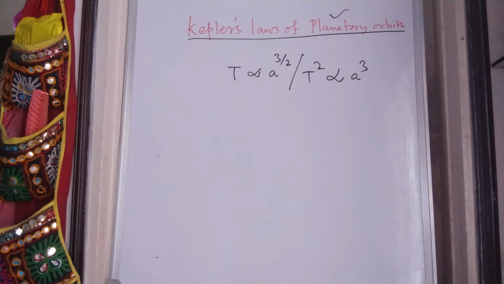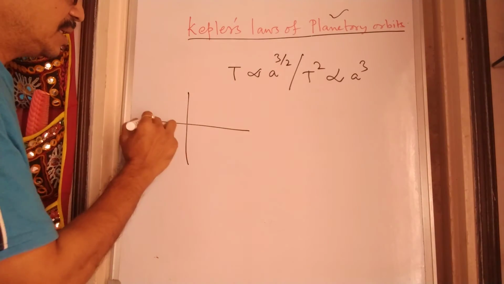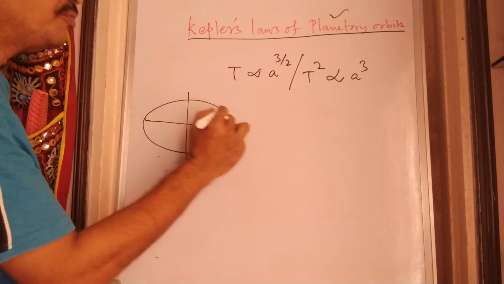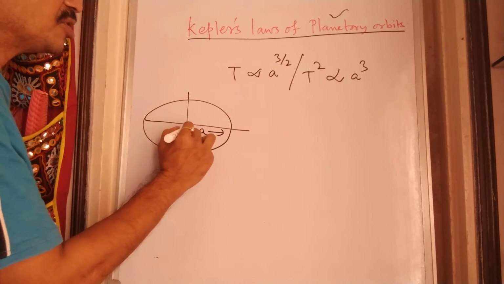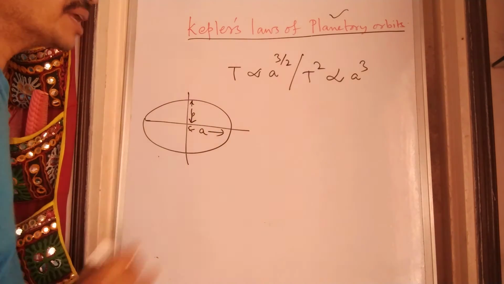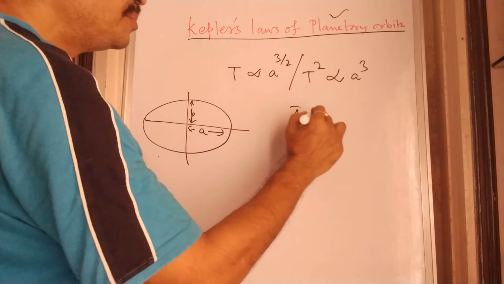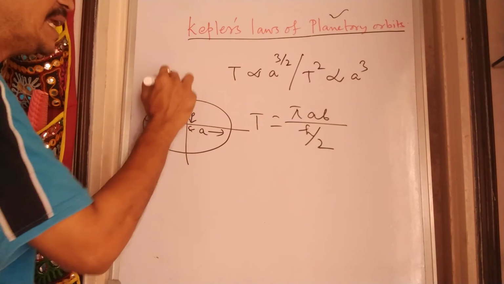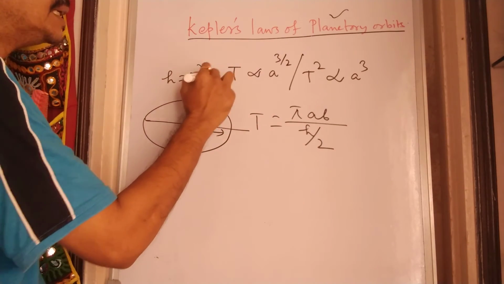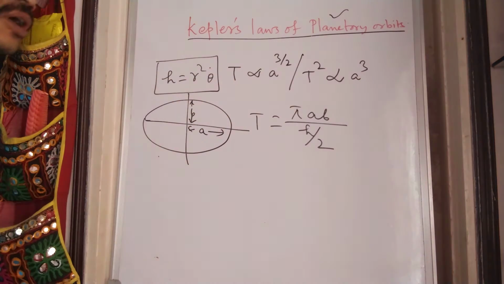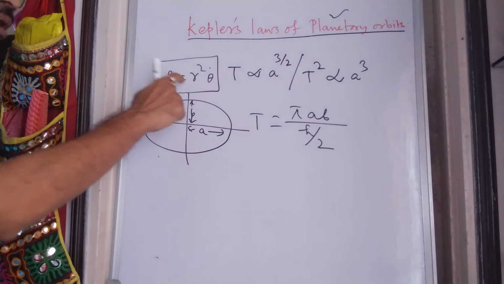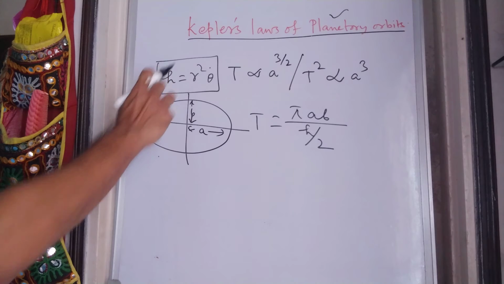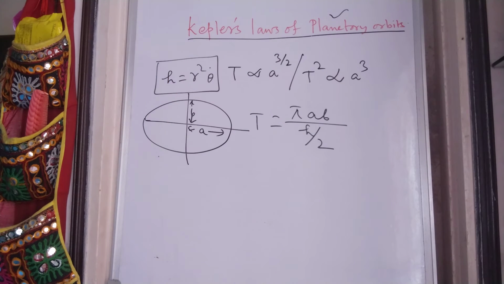This can easily be proved with the consideration that the area of the ellipse, if this is the semi-major axis and this is the semi-minor axis, will be pi ab, and the time period is pi ab by h by 2, where h is actually r square theta dot, the constant of time we all know, or the angular momentum, moment of linear momentum.